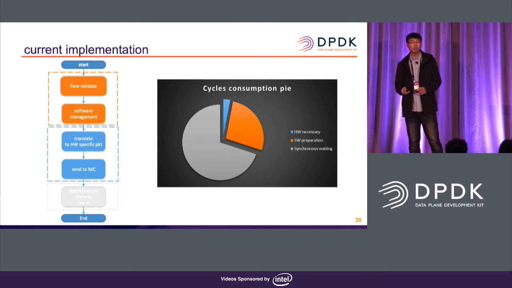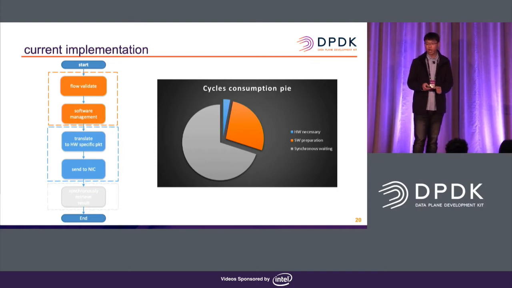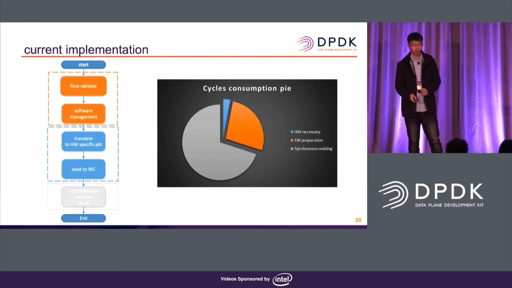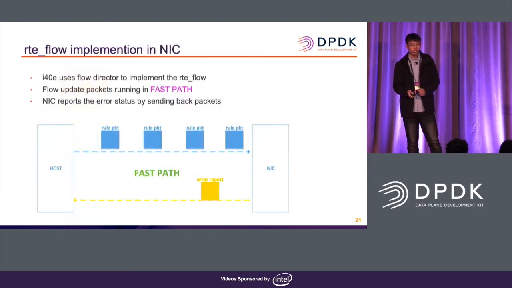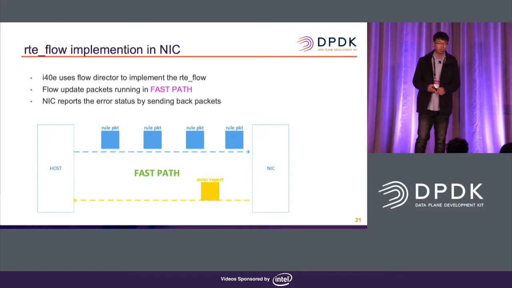For the first question, the answer is yes. First let's see how the RT flow is implemented in the NIC and DPDK. Here is the implementation in the NIC. i40e is the driver for Intel X700 series NICs. In these NICs, it uses the flow director to implement the RT flow.